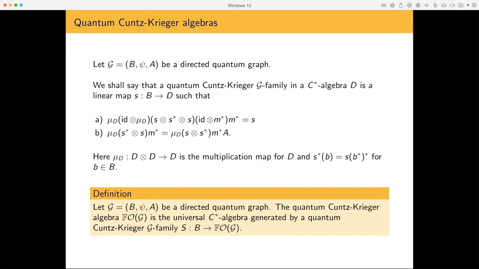There are two conditions on what I call a quantum Cuntz-Krieger family. The first condition, condition A, is encoding that the algebra is generated by matrix partial isometries. So condition A is a partial isometry condition, and condition B is the analog of the Cuntz-Krieger relation. So that's how to think about this.